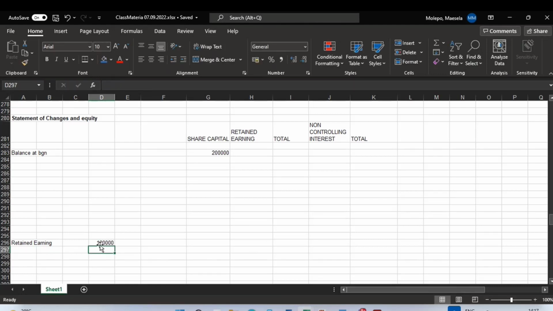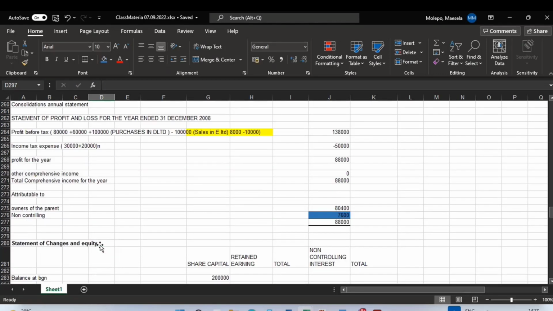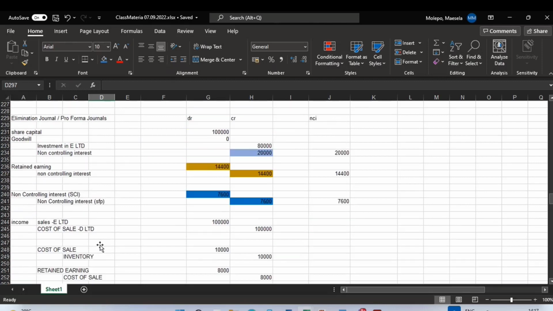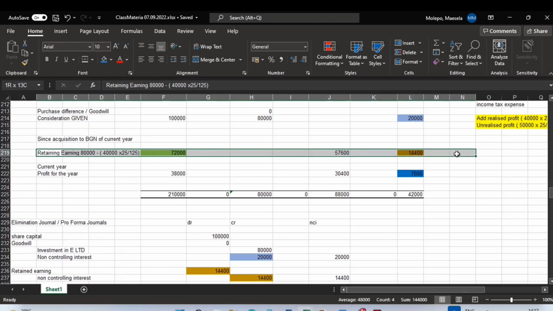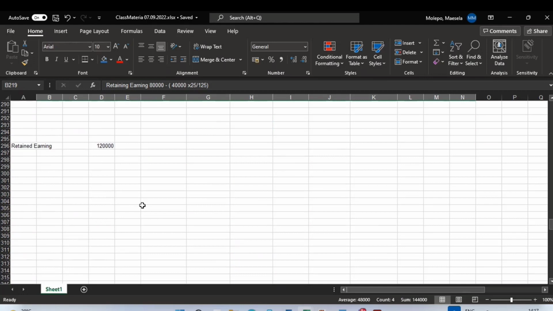Now, the retained earnings in the books of subsidiary. Now we're gonna check. It was this at the beginning of the year, because the retained earnings at the beginning of the year for subsidiary is 57,600. So we're gonna add it. This one is for parent.